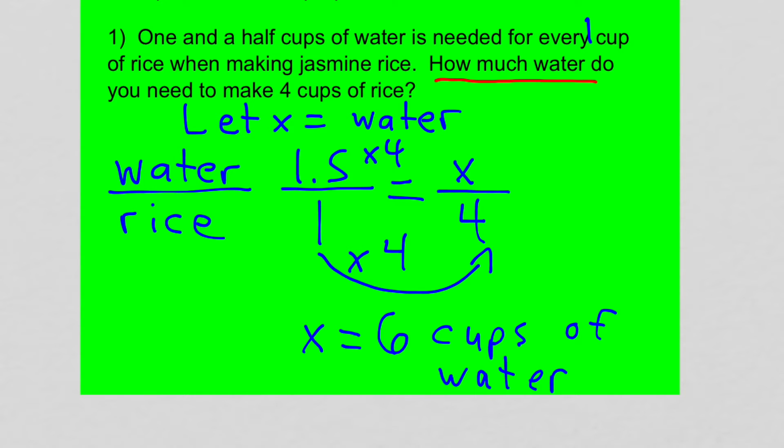That's called creating a proportion to solve a problem. So we identified the unknown, we wrote what the comparison was, we created a proportion with that unknown, and then we solved it. So far in class, we have just been focusing on solving these. Now we're creating them in word problems. Let's do another one.